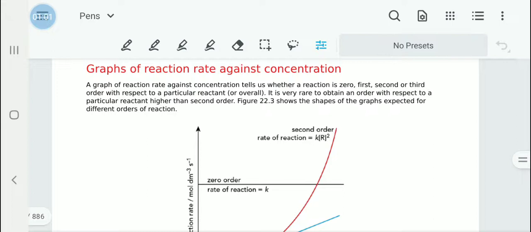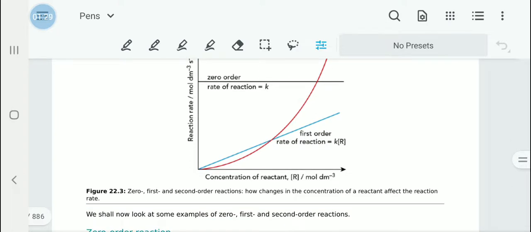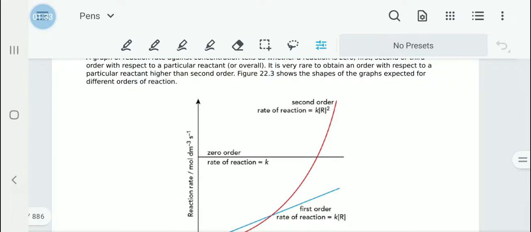Depending on the slope or the shape of the curve, it will give us 0, first, second or third order of a particular reactant, or the overall order. More than second order is actually rare, so if you can identify the 0, first and second order, that is sufficient for your examination.